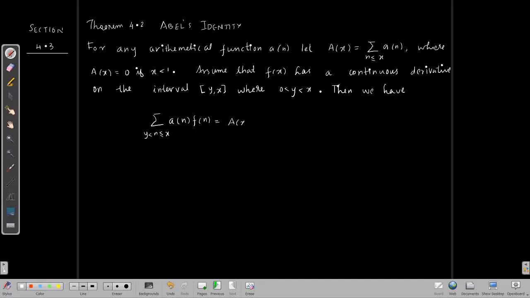It equals A of x f of x minus A of y f of y minus the integral from y to x of A of t f dash of t dt. So this is what we call Abel's identity. Proof.